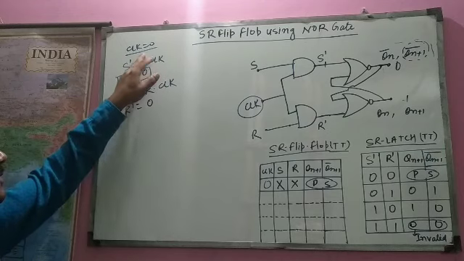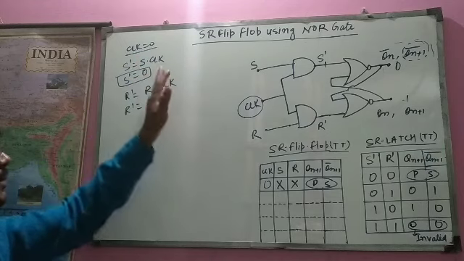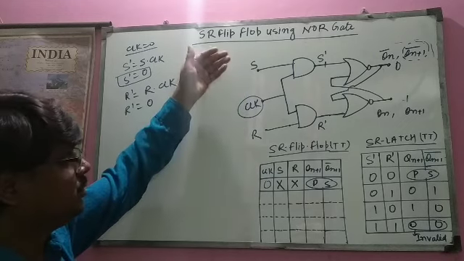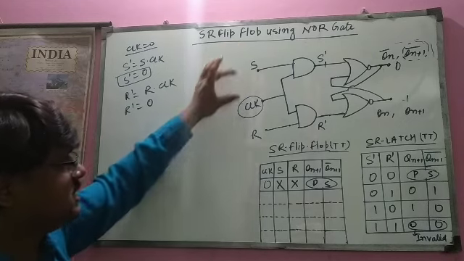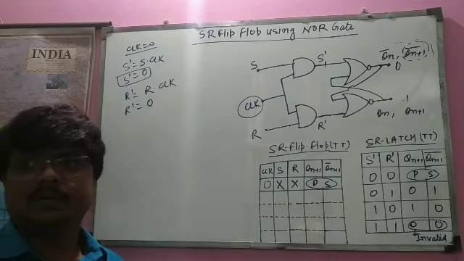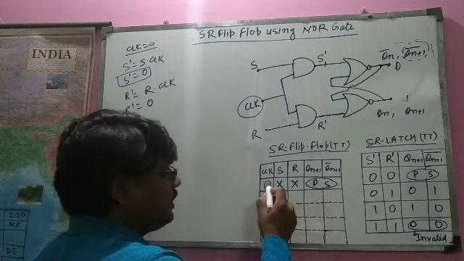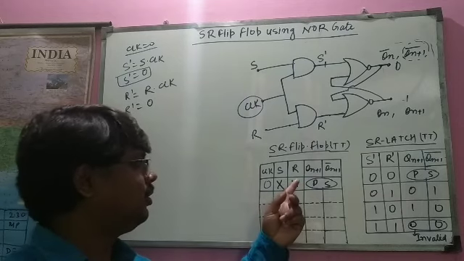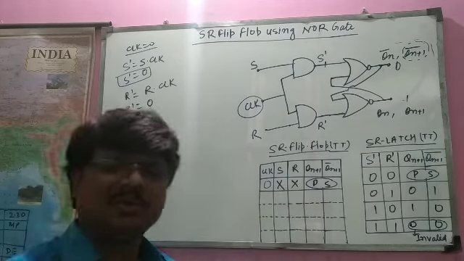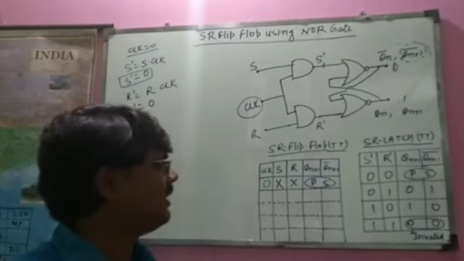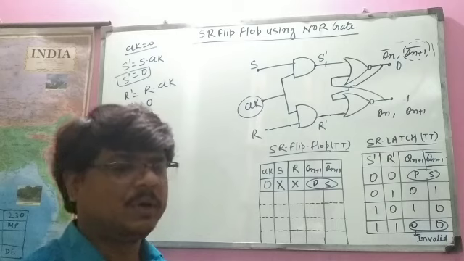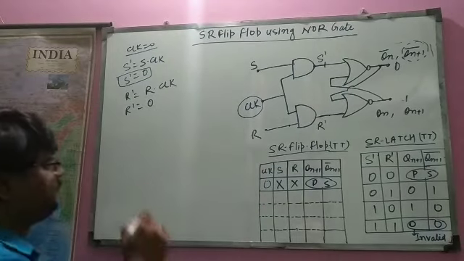If the value of S is 0, then also it will be 0. So if this clock is 0, the value of this and this has no meaning. These are don't care conditions. What will be the value of S and R? Output is not going to be changed at all. It will not change.